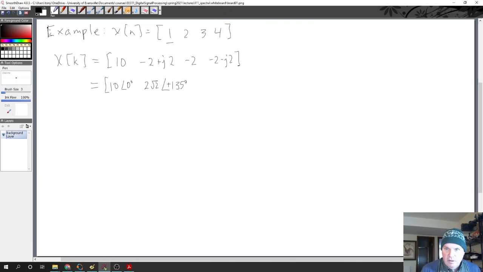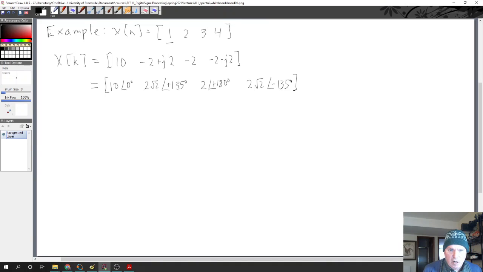Negative 2 would be 2 at either plus 180 or minus 180. Plus 180 seems to be the convention. And then the final one would be negative 2 over and negative 2 down. That's the one that's at negative 135, excuse me. So this would be the DFT expressed in polar form.